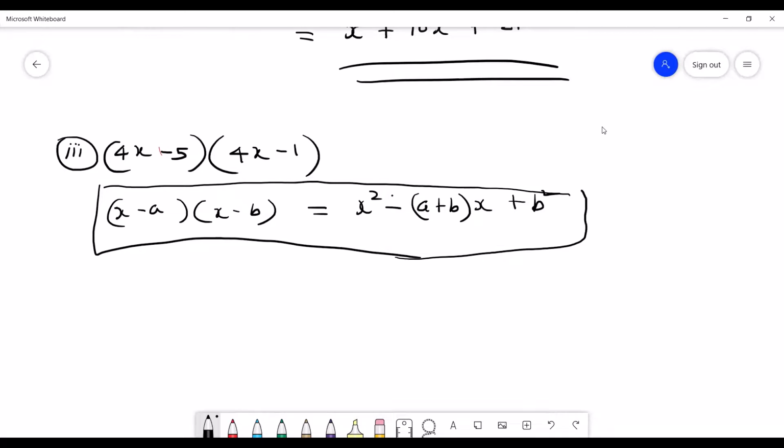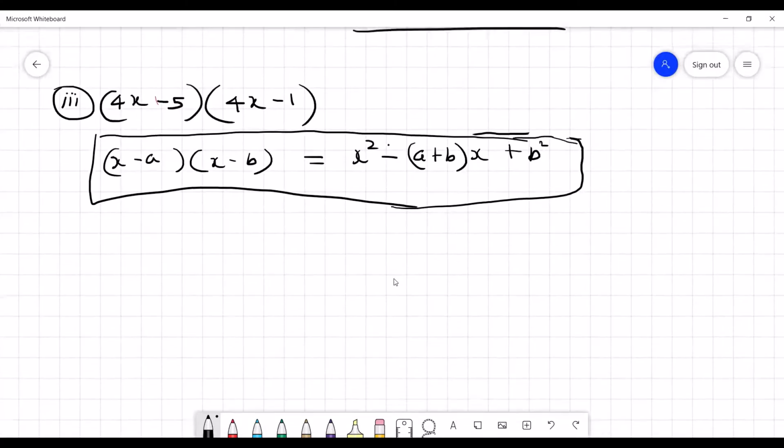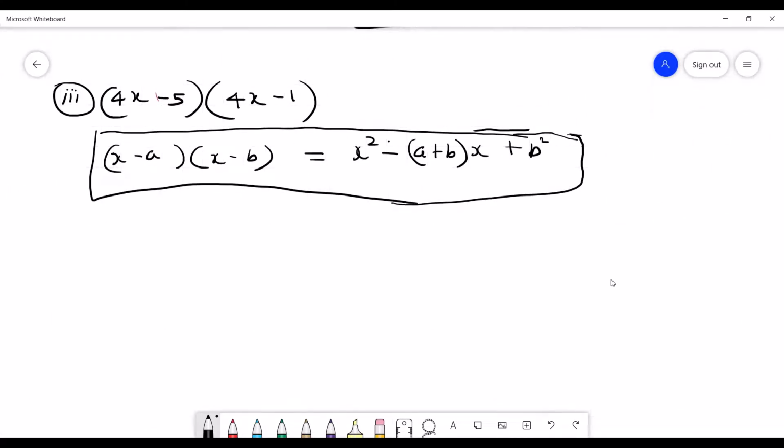Actually, the only thing is that in the previous identity you have to put minus only. Then you will get this identity, because on both sides it is minus. So minus 5 into minus 1 will become minus 6. Minus 6 into x means it will come minus.